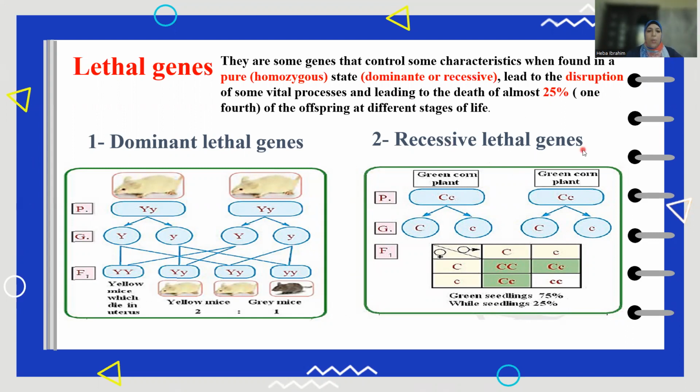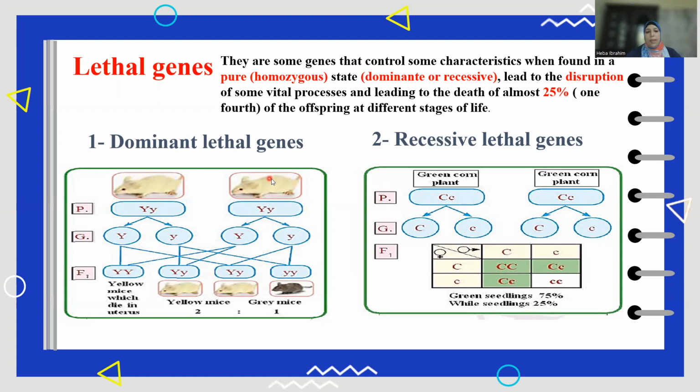In our syllabus, we have two examples of dominant lethal genes, which are the yellow fur in mice and the bulldog strain in cattle. And for recessive lethal genes, we have two other examples, which are absence of chlorophyll in corn plants and infantile dementia in humans. And these are our examples.